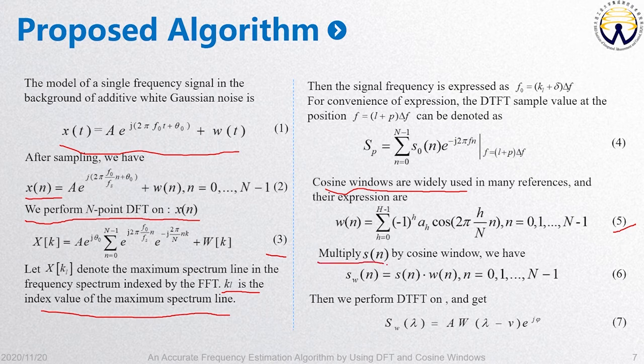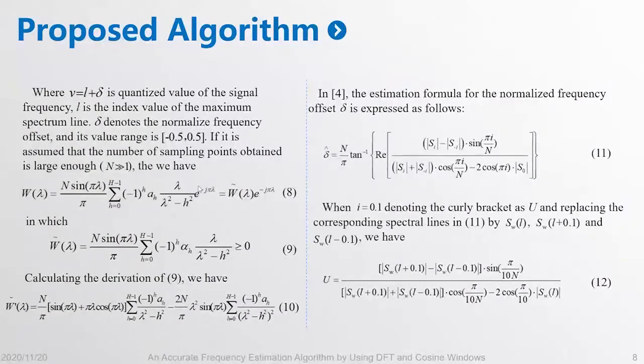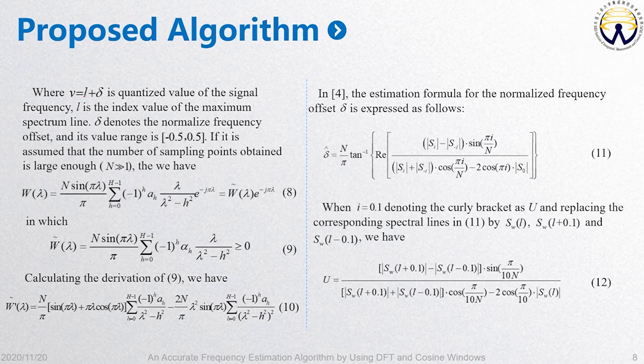Multiplying s(n) by the cosine window, we have Formula 6, where v equals L plus delta is the quantized value of the signal frequency. L is the index value of the maximum spectral line. Delta denotes the normalized frequency offset.